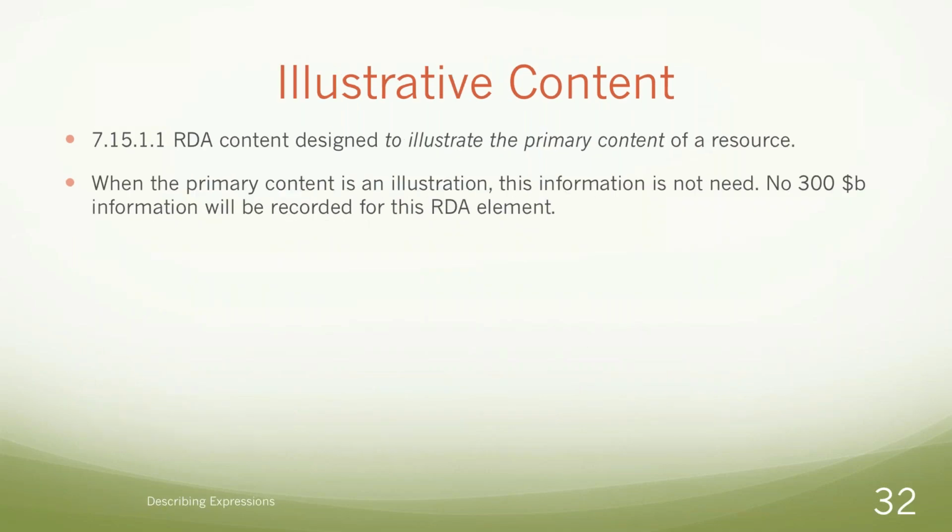Illustrative content, this is usually something that we don't need in for still images because it is an illustrated element. So when the primary content is illustrated, you will not have illustrations in your 300 subfield B. So what I'm pointing out here is that actually won't exist for your still images, that illustrations.